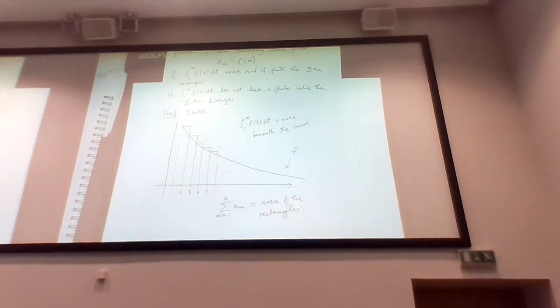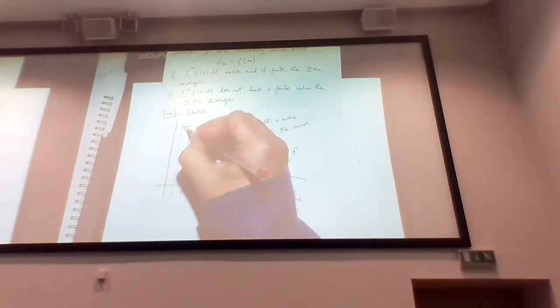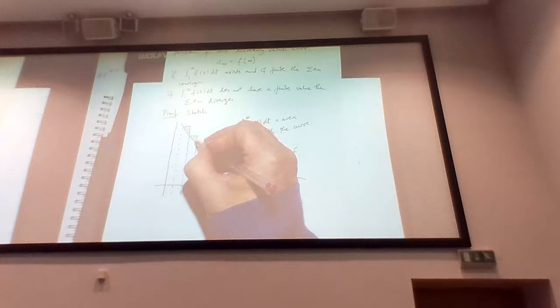Now, there's a strong relationship between the area under the curve and the area of the rectangles. They're almost the same. That's the observation. They're almost the same, but of course they're not quite the same because of these protrusions up here.